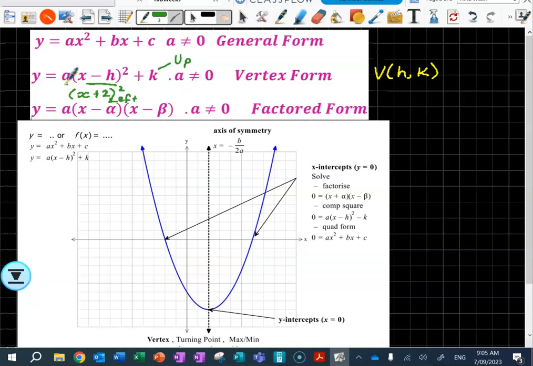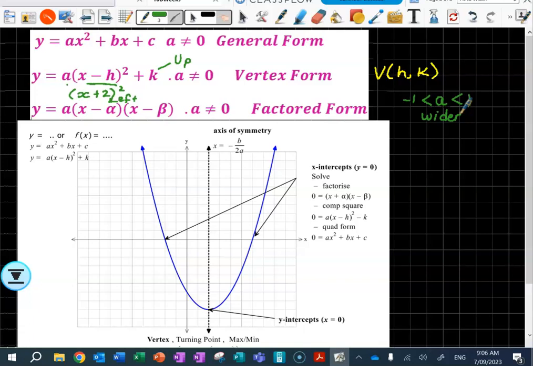Agreed? So we have these in our notes, and I'm just going to write one of them. So we've got when a is in between 1 and minus 1, that's when it gets wider. I think the obvious, when it's outside of that boundary, it gets skinnier, thinner. What else does the a value tell us?